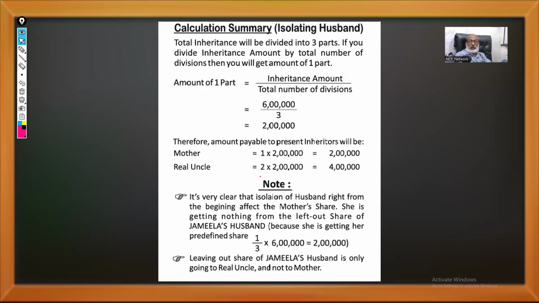because, I have put a note here. It's very clear that the isolation of the husband right from the beginning affects the mother's share. She is getting nothing from the left out share of Jamila's husband, because she is getting her predefined share, that is 2 lakh rupees. The left out share of Jamila's husband is only going to the real uncle and not to the mother.